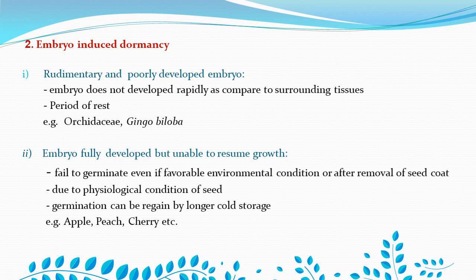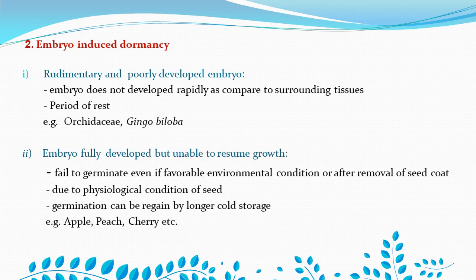Next, the second type of seed dormancy is mainly found due to the development or condition of the embryo. Such types of dormancy are mainly embryo-induced dormancy. Remember, there are two main causes of dormancy.